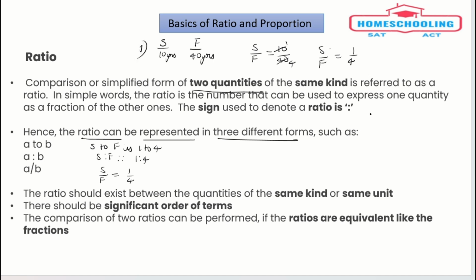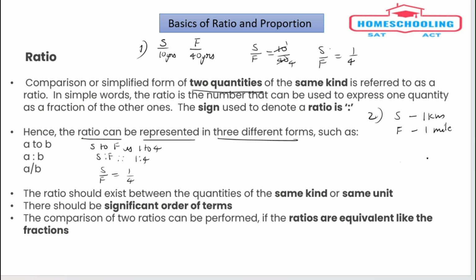Now let's take another example. Let's say son and father are going for a morning walk or a morning jog. Let's say in 10 minutes son runs 1 kilometer, and in the same 10 minutes father runs around 1 mile.